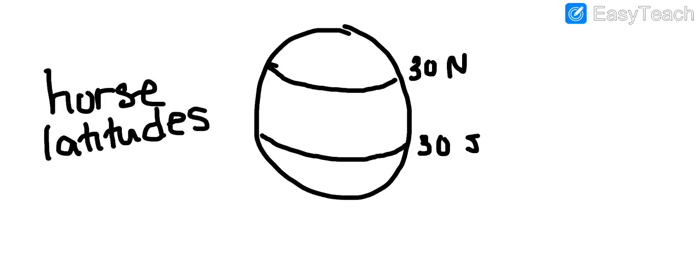And they get their name because explorers, people that were traveling with a lot of cargo, would get to these areas, and all of a sudden their ships would not go as fast. So guess what they would throw overboard to help make them go a little more quickly? Yep, you guessed it.